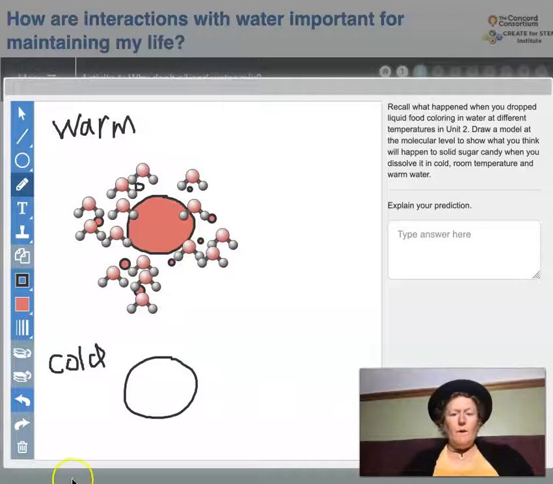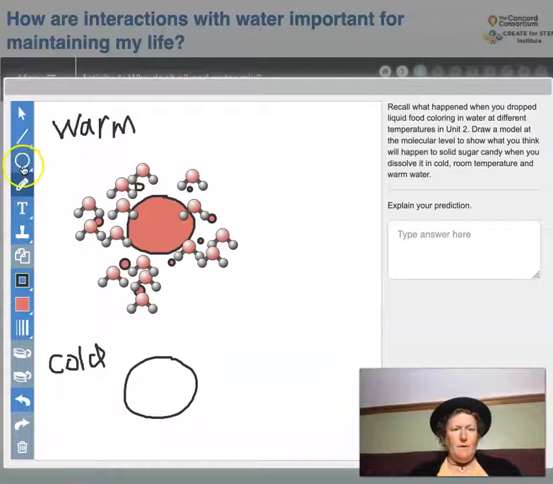In cold water, we're going to see a slightly different pattern here. Things aren't going to be happening quite as fast, and not quite as many dissolved sucrose or sugar molecules are going to be pulled off the big piece of candy right away. Those sugar molecules got a little bit too big here.